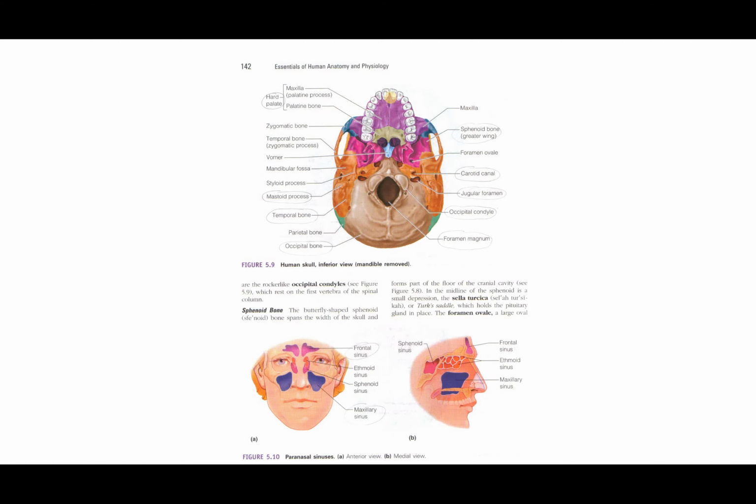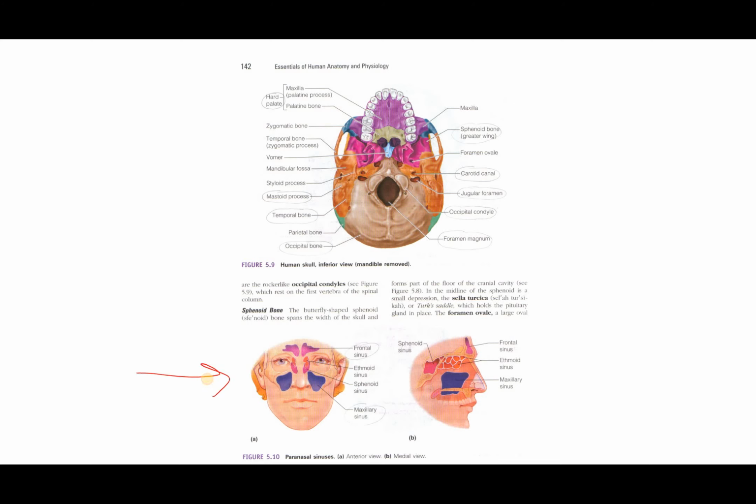So make sure you don't let that view confuse you. Okay, the jaw has been removed, which is your mandible. It's been removed, and you're looking at the hard palate. Okay, carotid canal, jugular foramen, which your jugular vein would pass through.